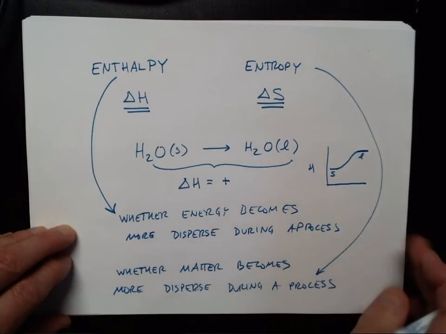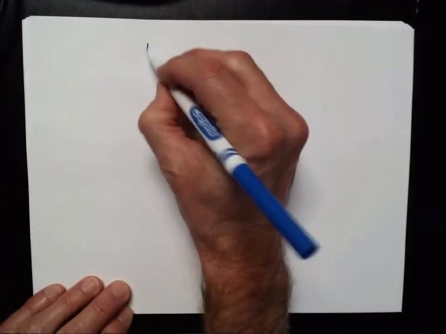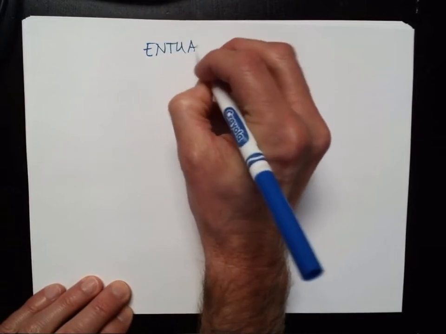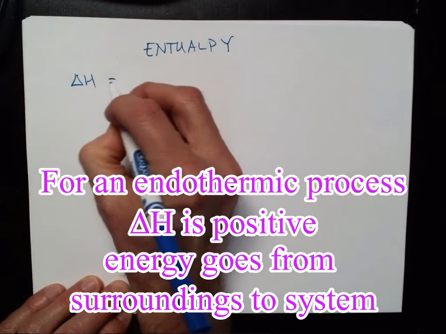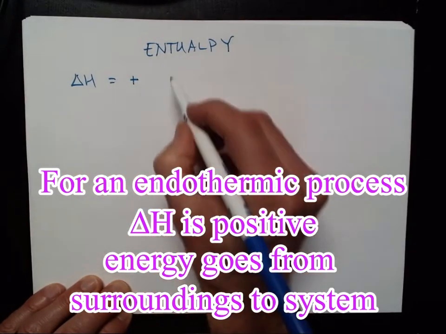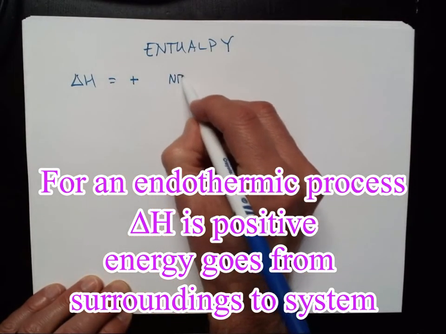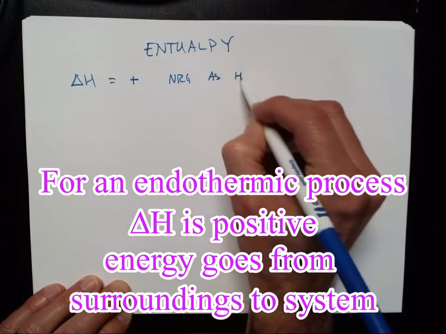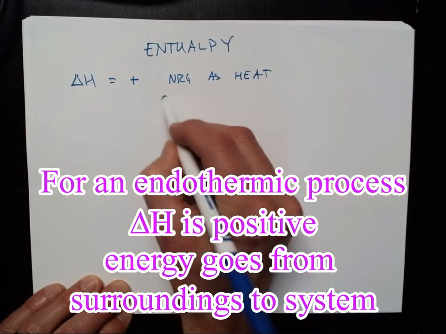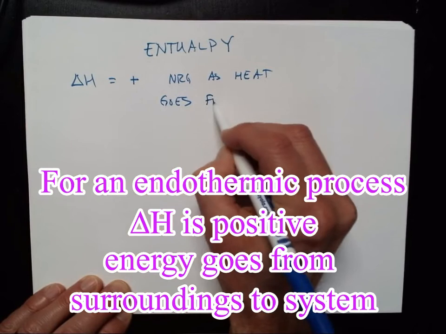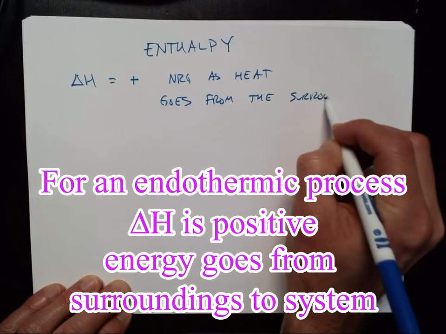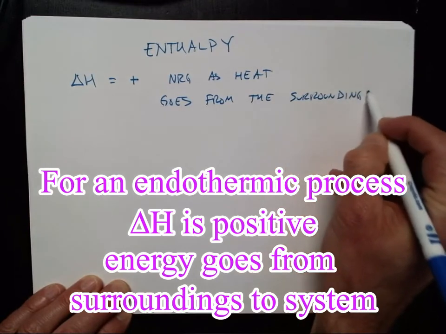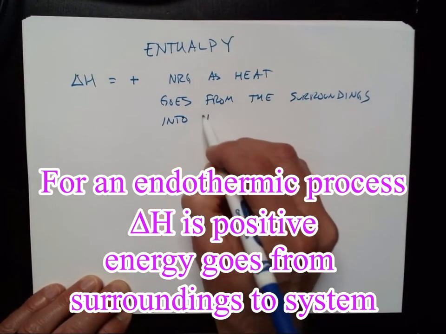So we're going to need to review enthalpy here very quickly. This is just a review. We're going to remember that for the enthalpy, delta H, if that's positive, that means energy as heat goes from the surroundings into the system.